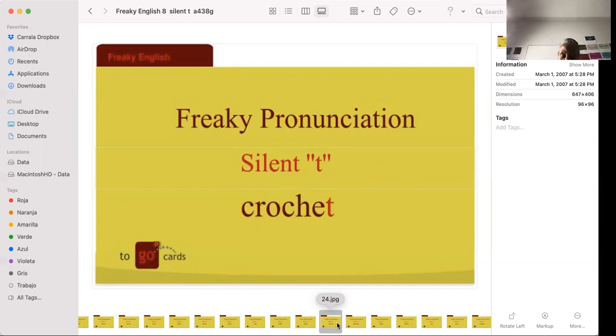Crochet, once again, French, the T is not pronounced. Gourmet, once again, French, the T is not pronounced. Depot, once again, French, the T is not pronounced. Debut, once again, French, the T is not pronounced.